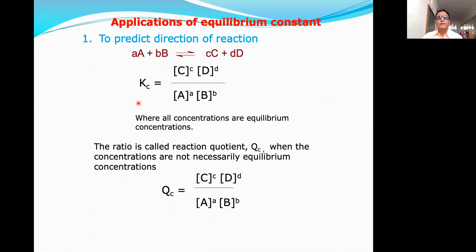Now this expression for Kc is for the general reversible reaction aA plus bB gives cC plus dD.